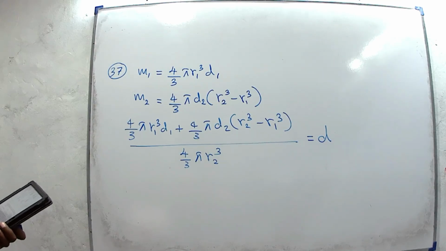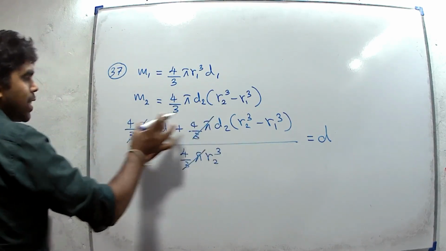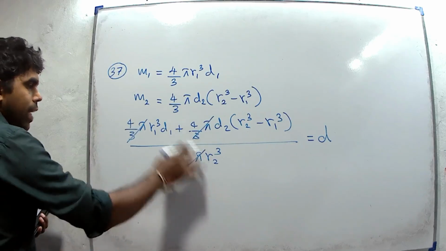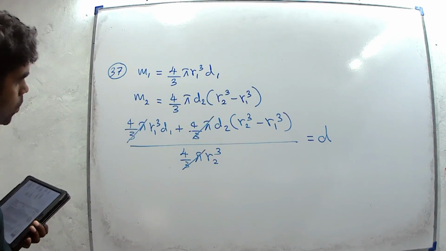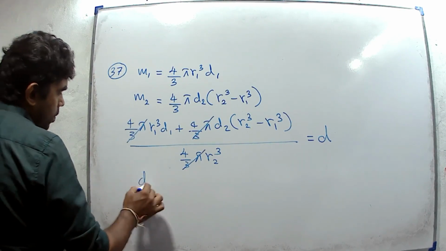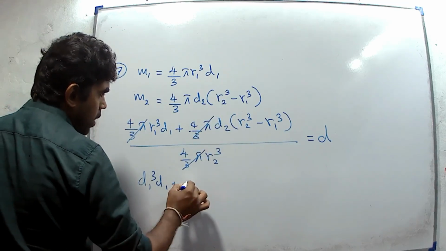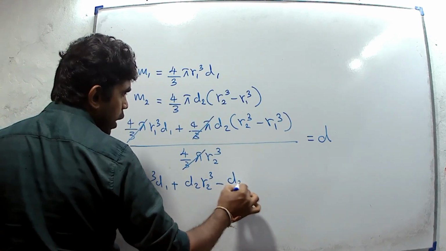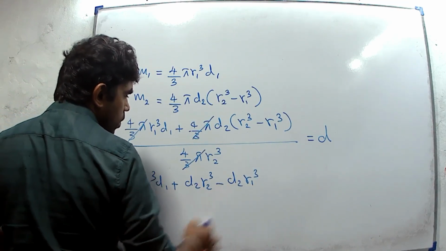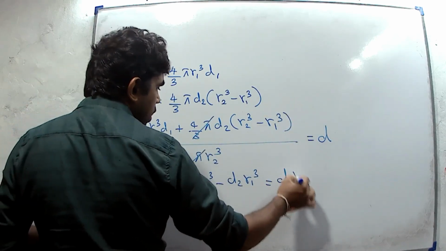Now we can cancel out the 4/3 part. We can take 4/3 pi as a common factor from the numerator and cancel it out. Then R1 cube D1 plus, expanding the bracket, D2 R2 cube minus D2 R1 cube should be equal to, taking this value to the right hand side, D R2 cube.